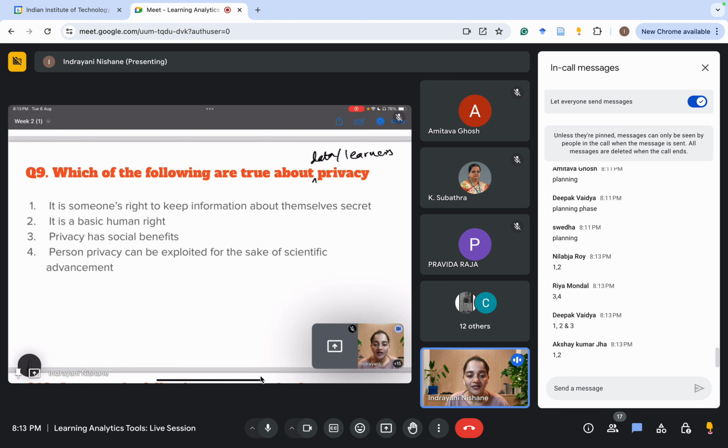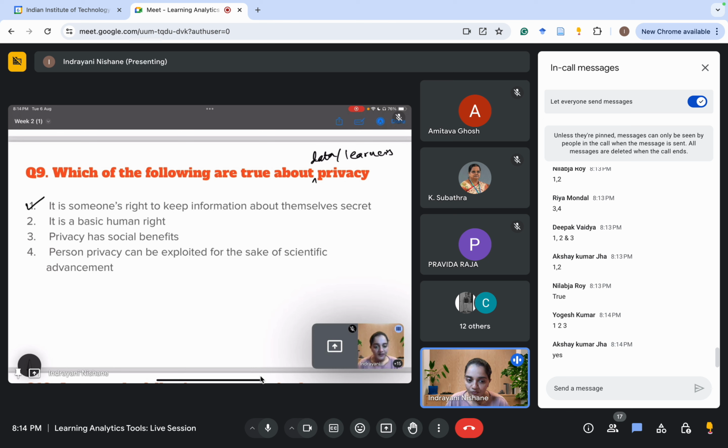If I start asking each and every one of you, where do you stay, send me your address, send me your phone number, will this be a breach of data privacy from my end? Of course it will be. All of us have the right to keep our information to ourselves. If we don't want to disclose it, we should have the liberty of not disclosing it. So option 1 is correct.